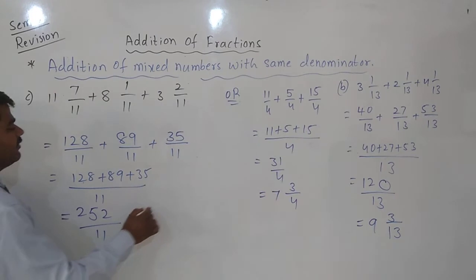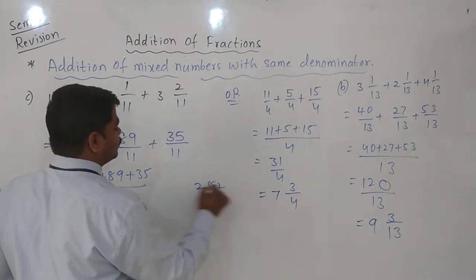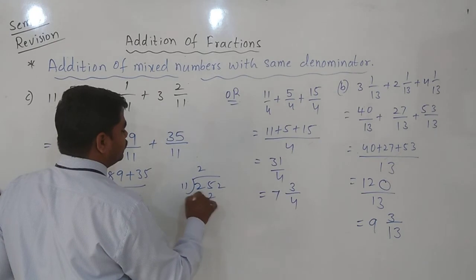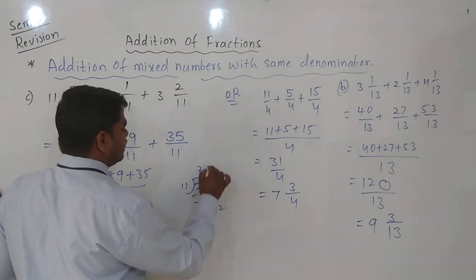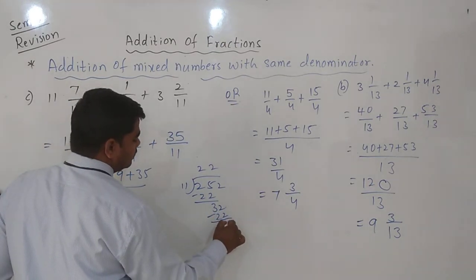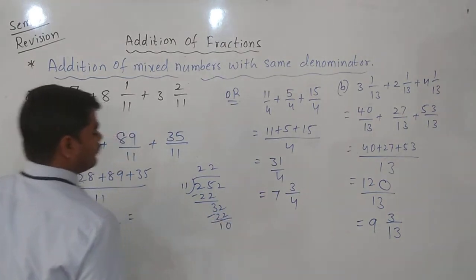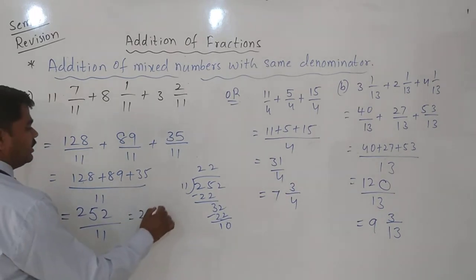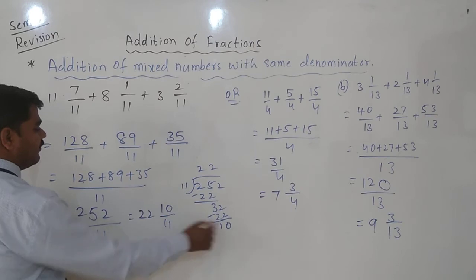Then we can divide this, 252 by 11. 11 twos are 22, 3 remains. Again 11 twos are 22, 10 remains. We can write 22 integer 10 by 11.